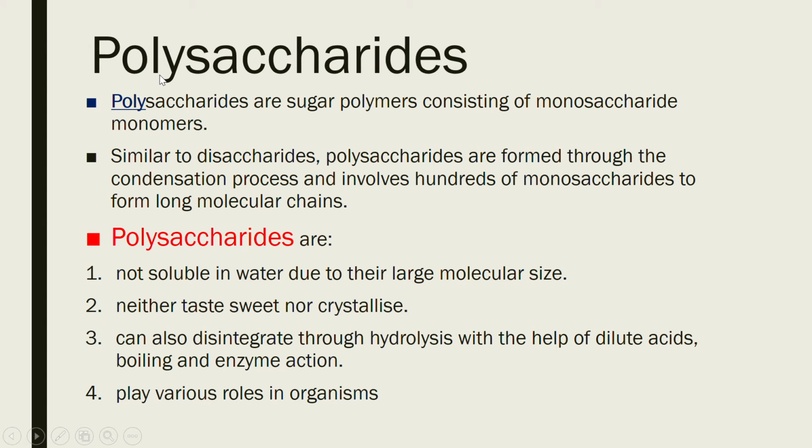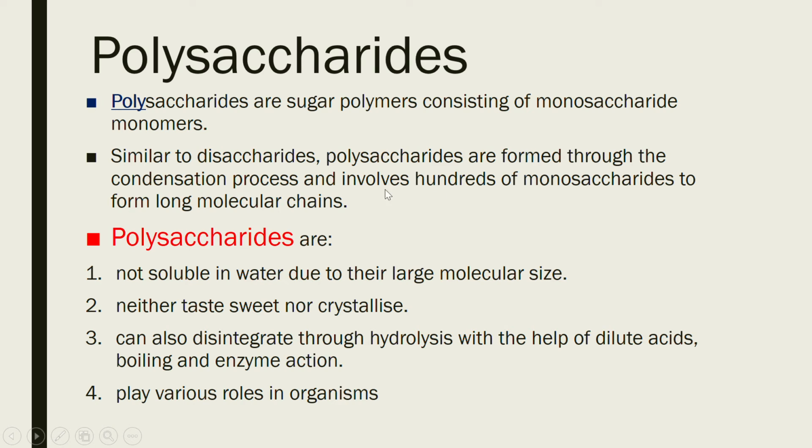Okay, let's look at the third one, polysaccharides, from the word poly, a lot. They are polymers consisting of monosaccharides, the monomers. Similar to disaccharides, polysaccharides are formed through condensation, pembentukan ini.